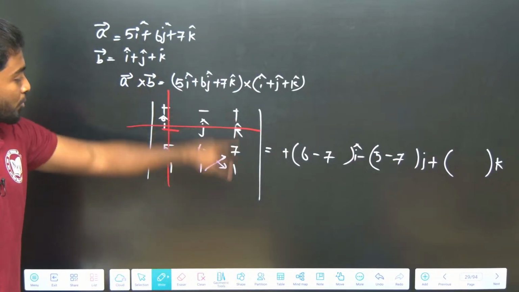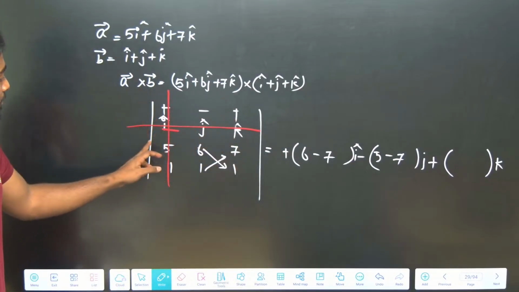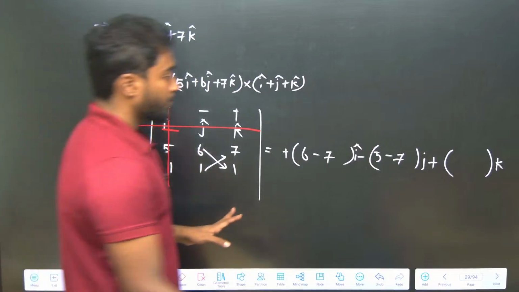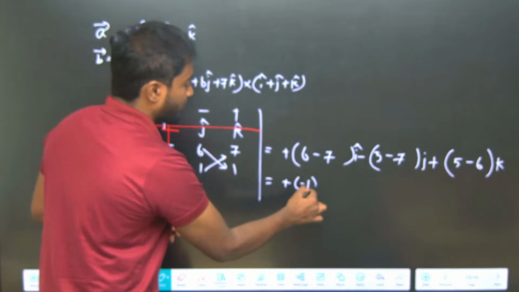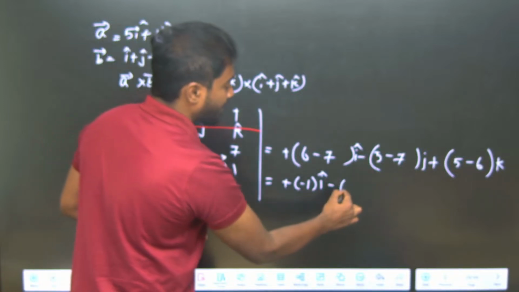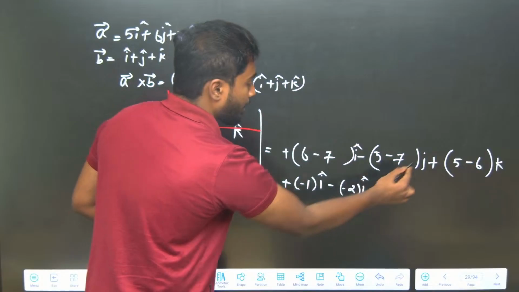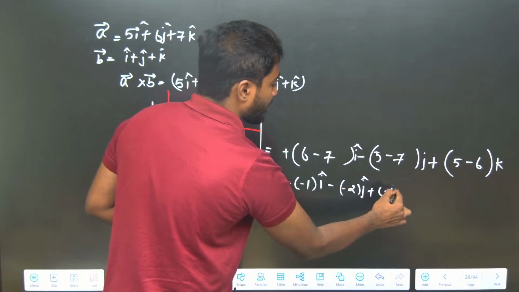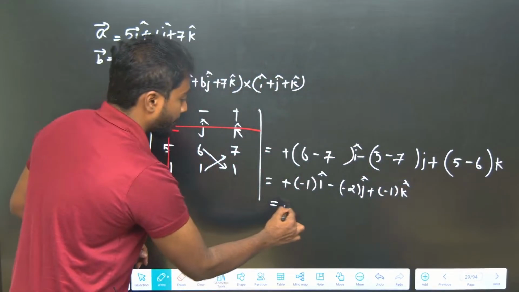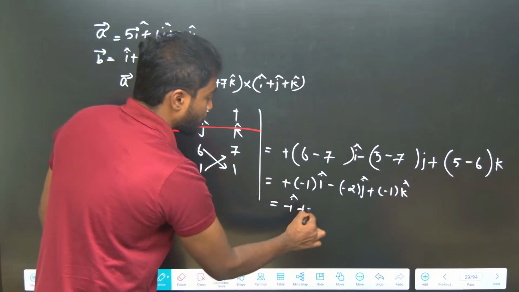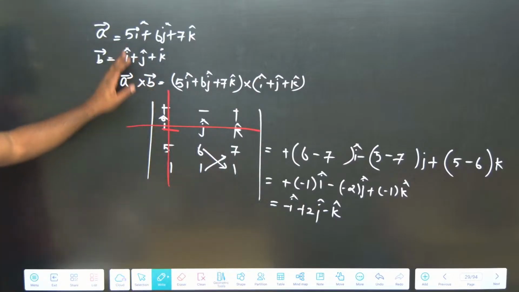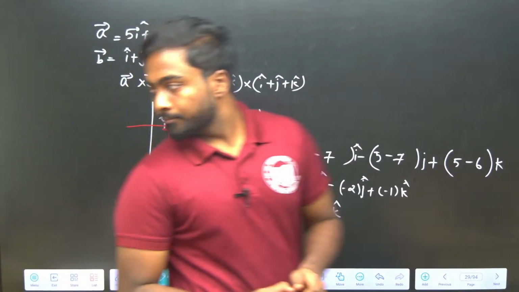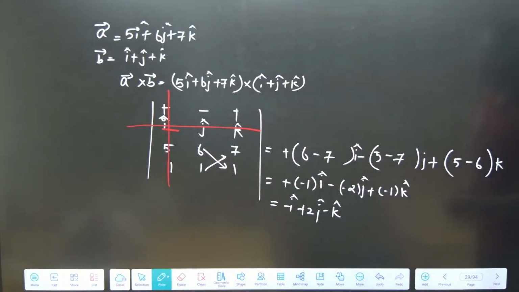For k, close its row and column, so 5 minus 6. So plus of minus 1 I cap, minus of minus 2 j cap, plus of minus 1 k cap, which means minus I cap plus 2 j cap minus k cap. This is my answer for the given vectors. Note it down.